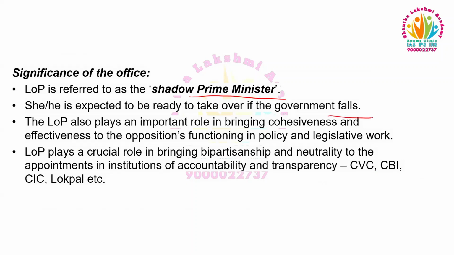The leader of the opposition also plays an important role in bringing cohesiveness and effectiveness to the opposition's functioning in policy and legislative work. The leader of the opposition plays a crucial role in bringing bipartisanship and neutrality to the appointments in institutions of accountability and transparency, that is, CVC, CBI, CIC and Lokpal, etc.